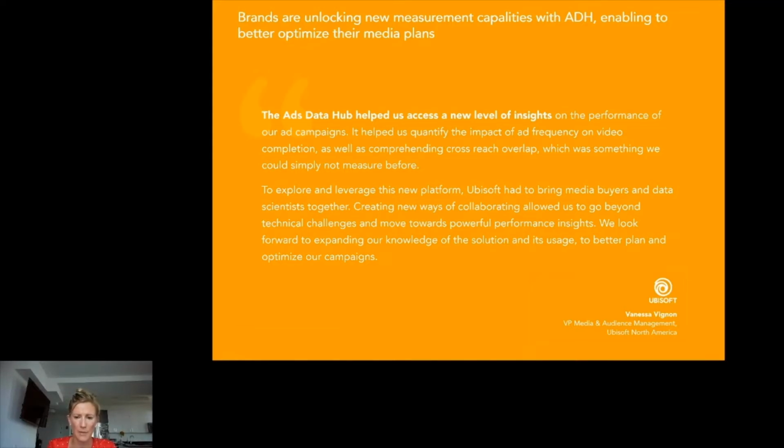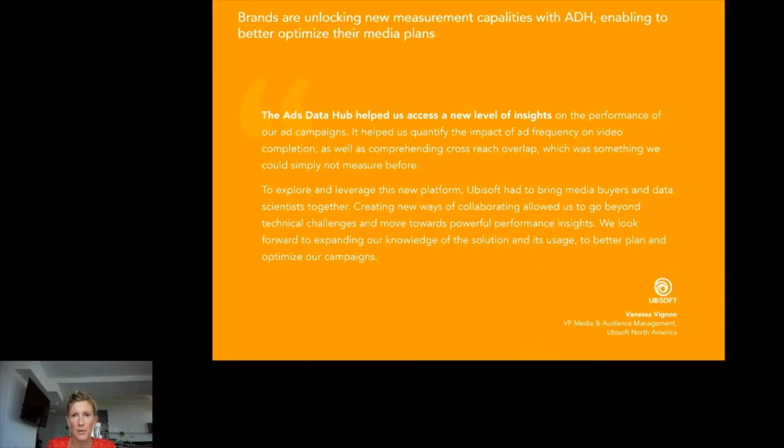So at Ubisoft, for example, we are able to quantify the impact of ad frequency on video completion. So really identifying what the sweet spot was, how many ad exposures were required for a user to complete watching a video, which is tied to a lot of really important KPIs and other outcomes.